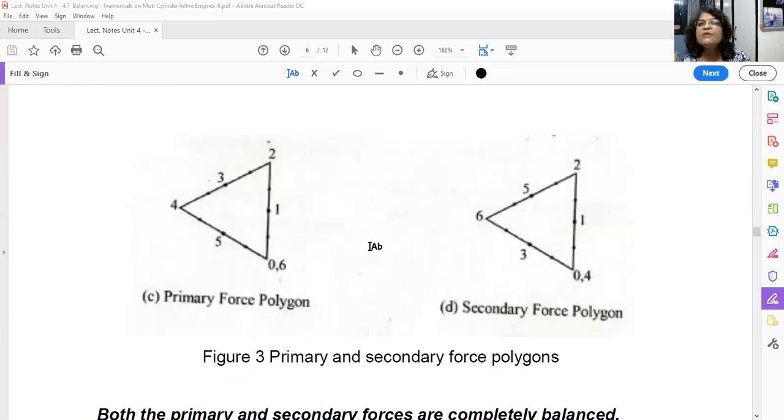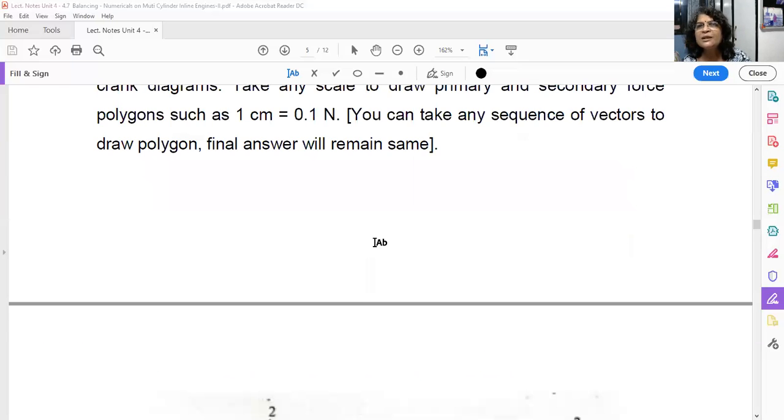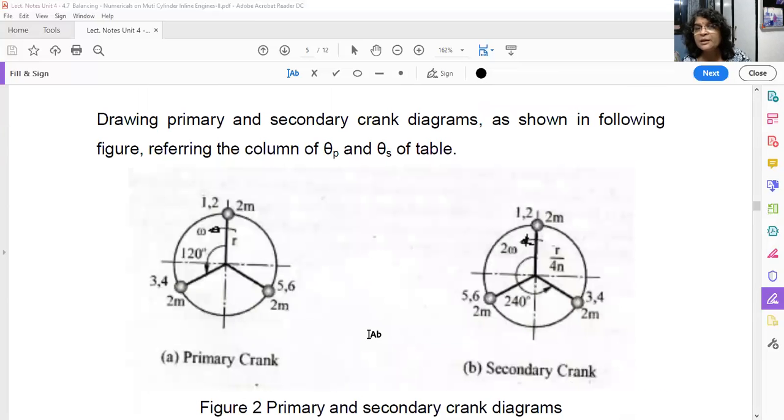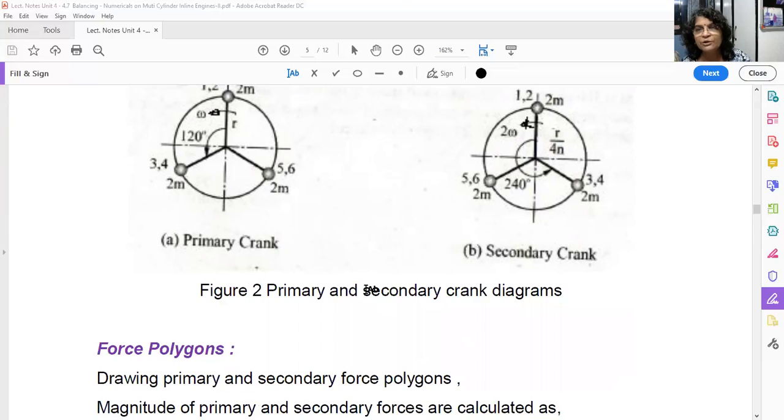And already we have seen from this table only. You can imagine from this crank diagram only, just by observation, you can tell that primary and secondary forces are completely balanced. But without drawing the couple polygon, you cannot conclude like this about the couples, whether those are balanced or not. Now let us draw the couple polygon.